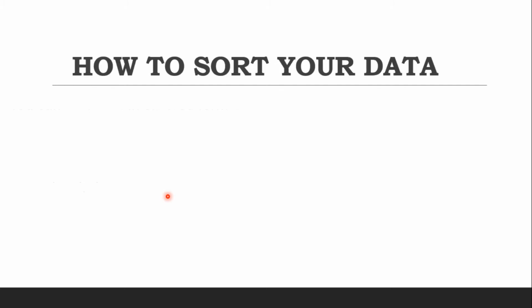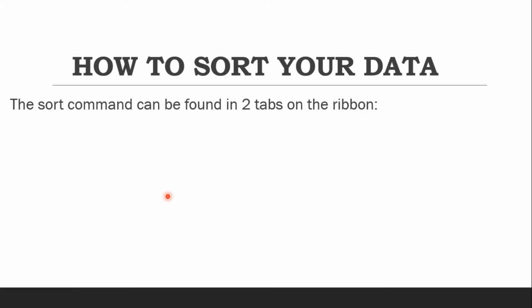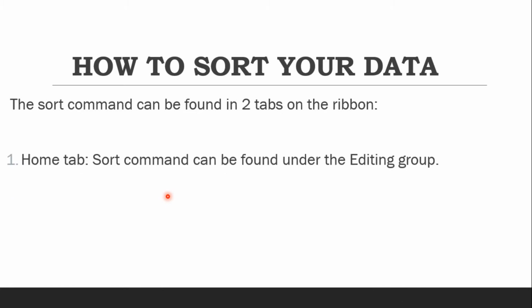How do you sort your data? The sort command can be found in two tabs in your Excel ribbon. The first is called the Home tab. In the Home tab, you can find the sort command under the editing group. I'm going to show you that. We're going to use it.